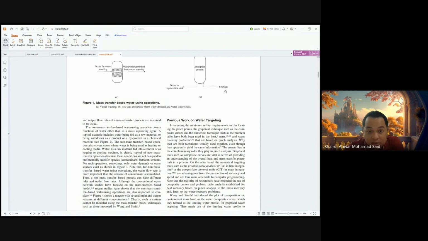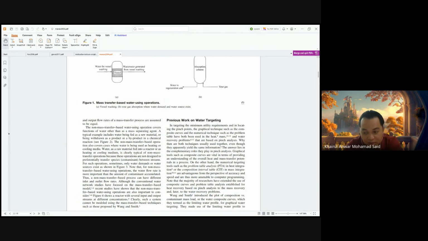So historically, water pinch was modeled only as a mass transfer process. What is the mass transfer process? Meaning the water is used to absorb the contaminant from another rich stream. But in real chemical and urban systems, we feed water as a raw material or blow down from a boiler. These are non-mass transfer operations because they do not involve mass transfer between phases.